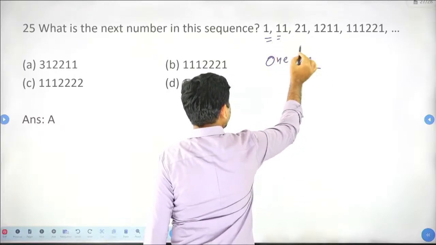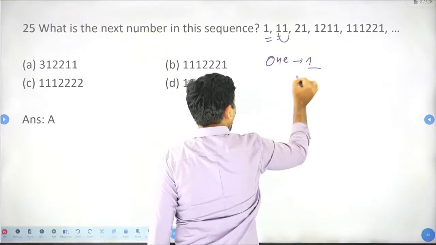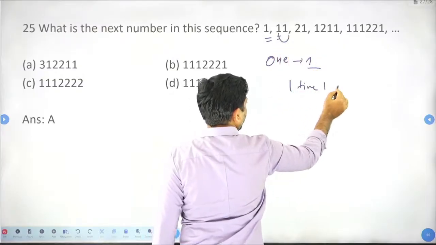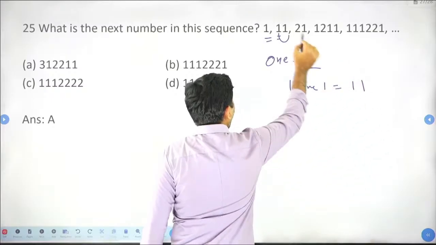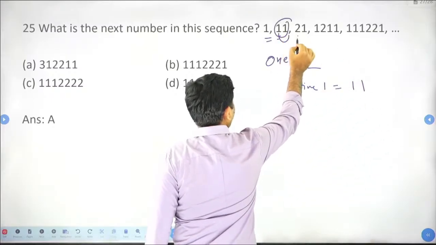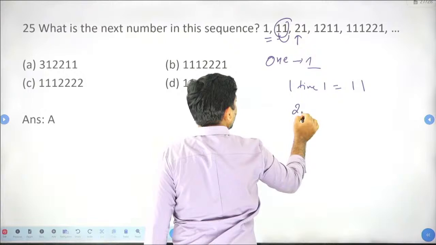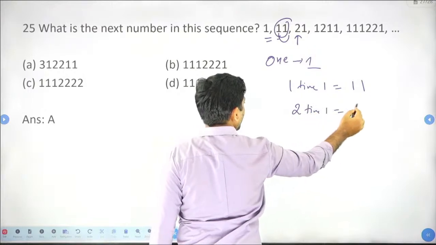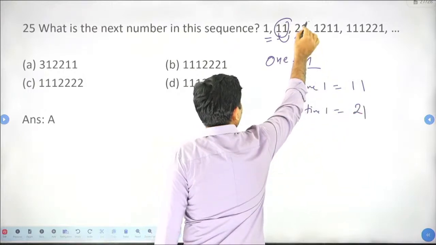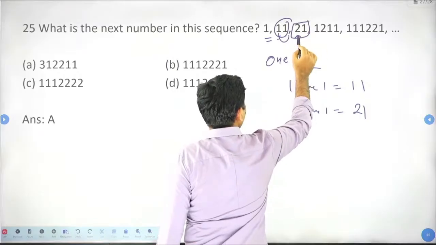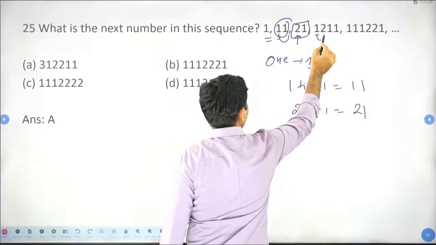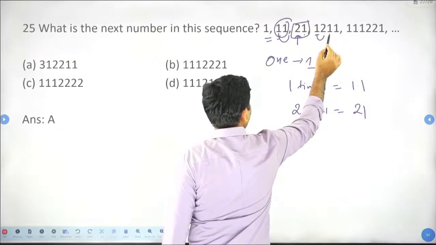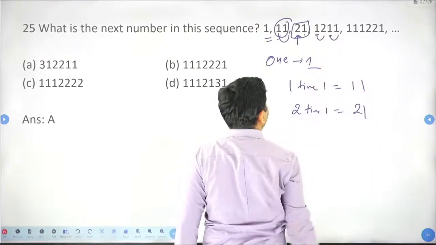You are saying 1 time 1. It means 1, 1. How many ones are there? 2. Write down 2. 2 times 1 means 2, 1. This 2, 1. How many 2s are there? Only one time. So 1, 2. How many 1s are there? Only one time. 1, 1.